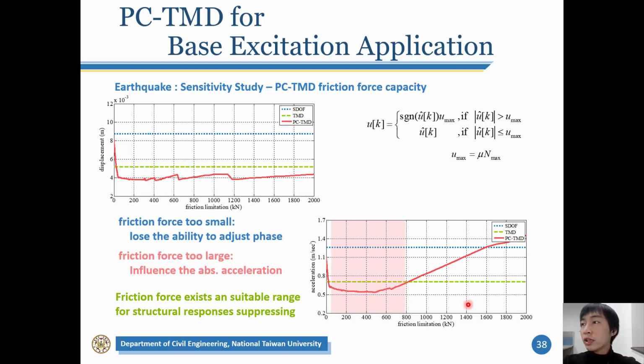But if the friction is too large, the applied friction force will give the structure an impulse, so the structural acceleration will also not be controlled well. So the friction force has a suitable range. If the friction force is designed well, then the phase control tuned mass damper has good performance to reduce both the structural displacement and the acceleration.